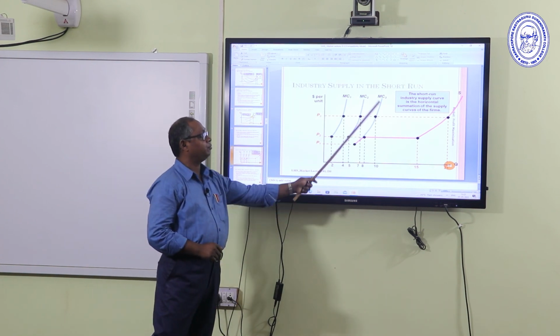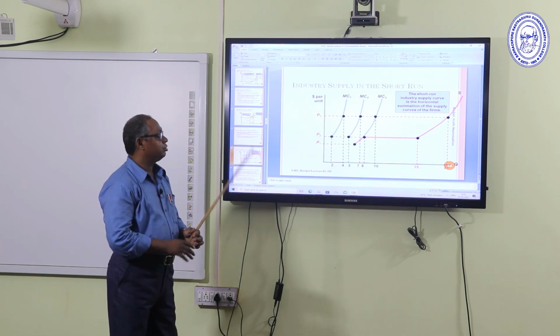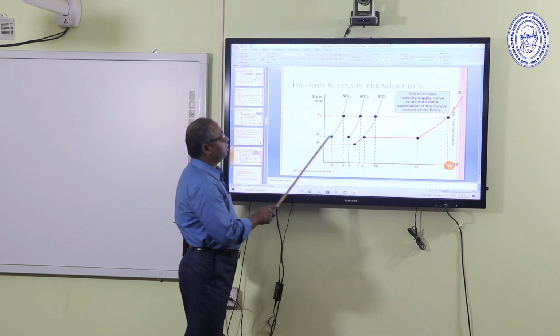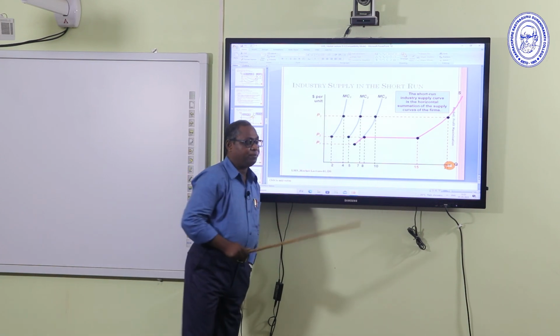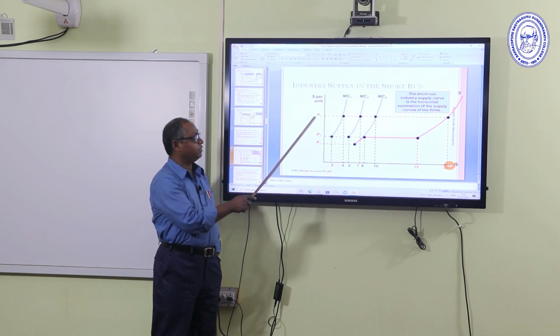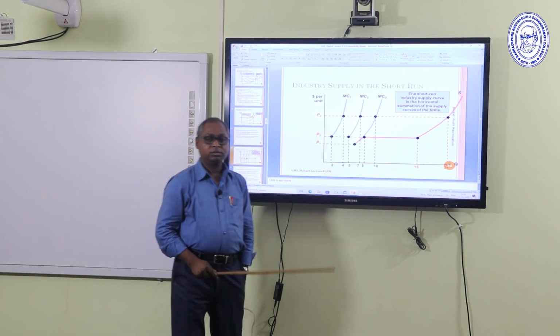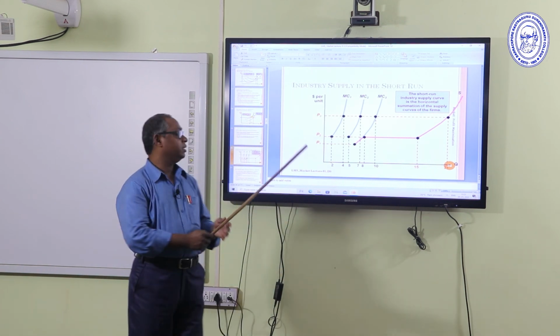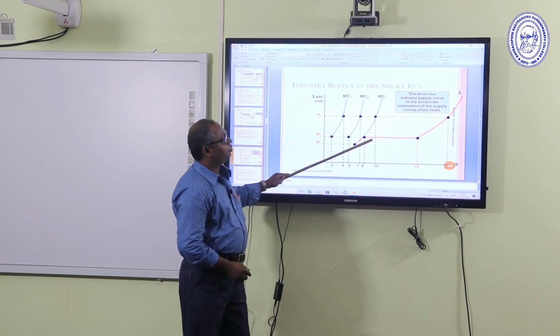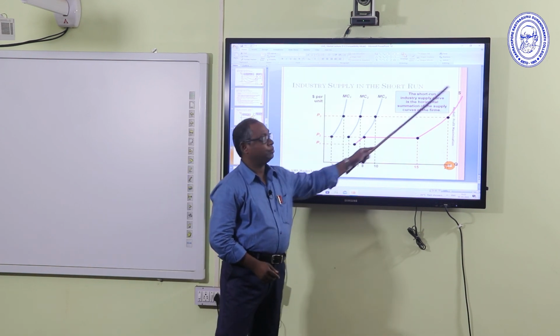As there are only 3 firms in the market, the horizontal sum of the supplies of all 3 firms at each and every price gives us the market supply curve.